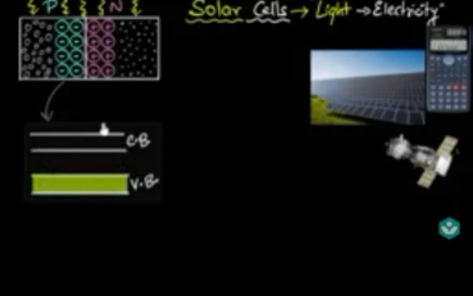But when light falls here, if a photon has energy more than the band gap, an electron can absorb that energy and jump into the conduction band.